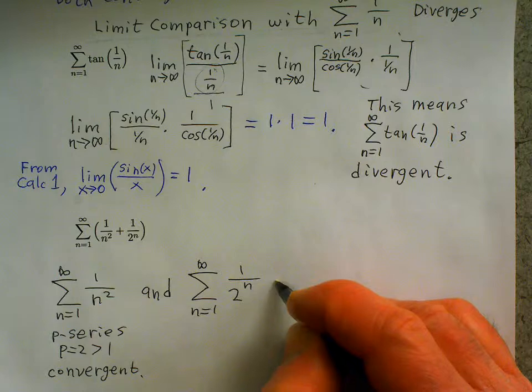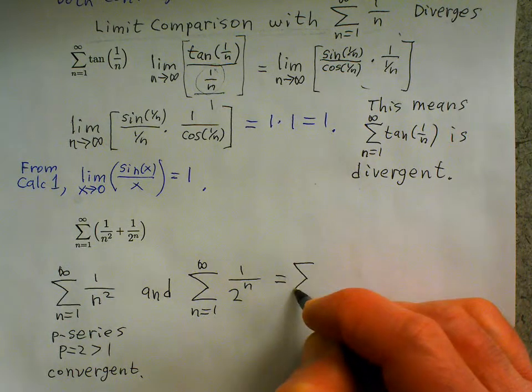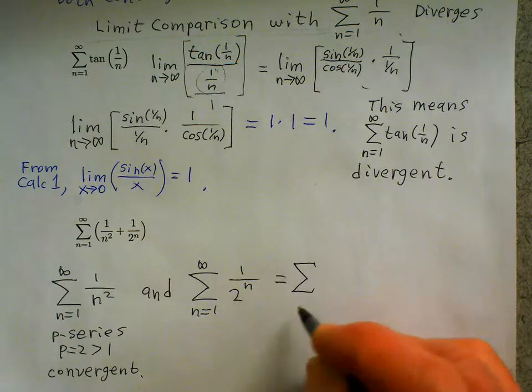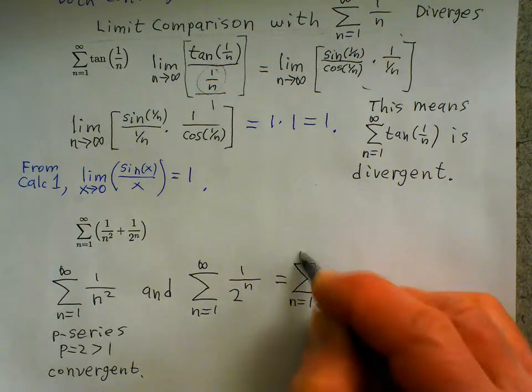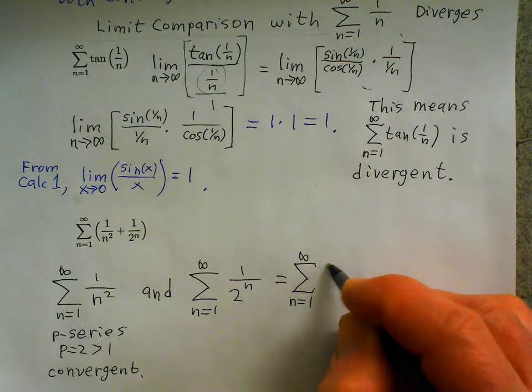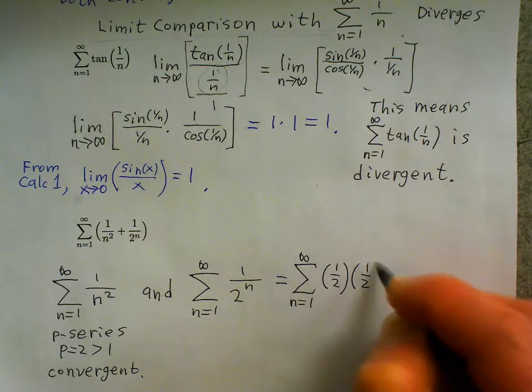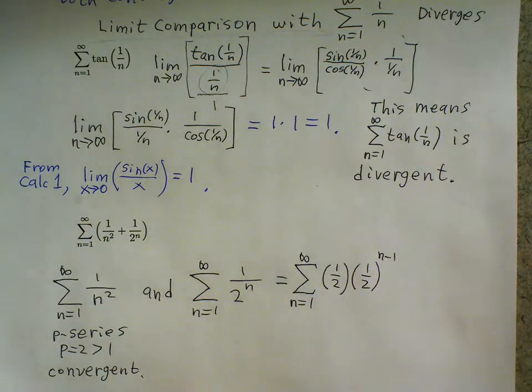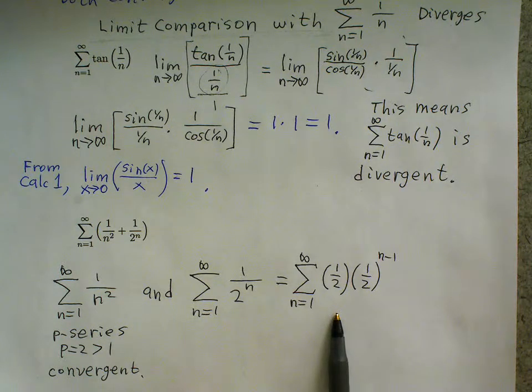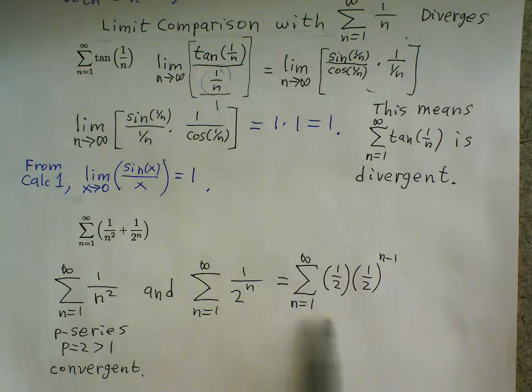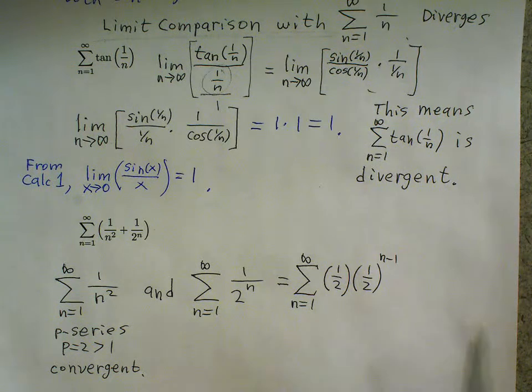So this could be written in a different yet equivalent way, starting at n equals 1 to infinity. We could write this as 1/2 times 1/2 to the n minus 1. So now does it look familiar? This is a geometric series, and the common ratio is 1/2.